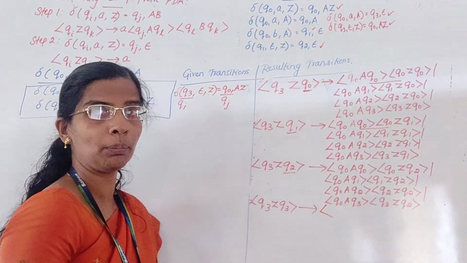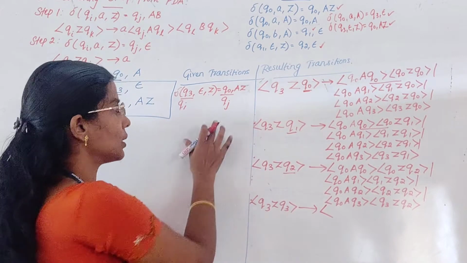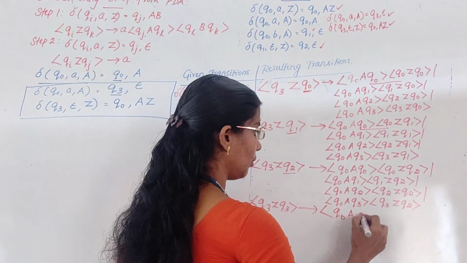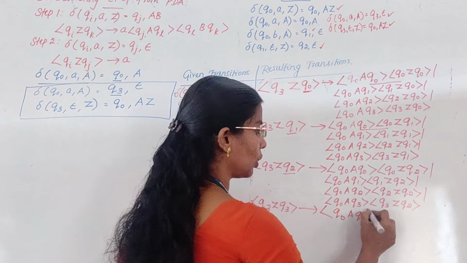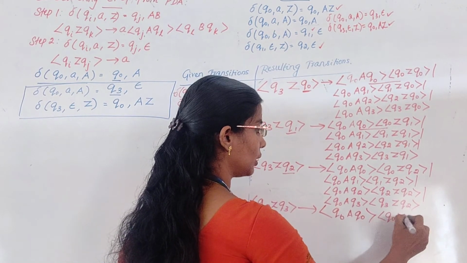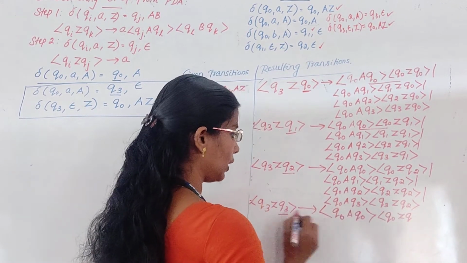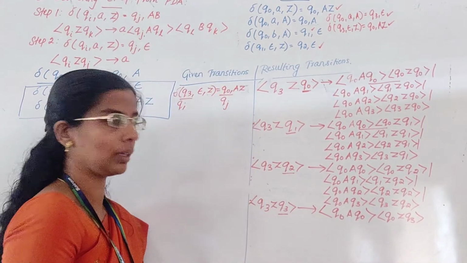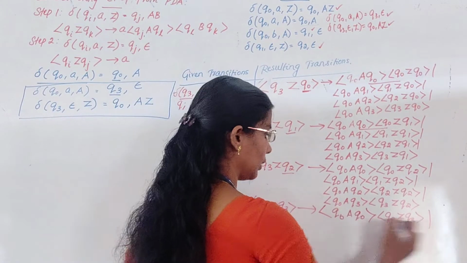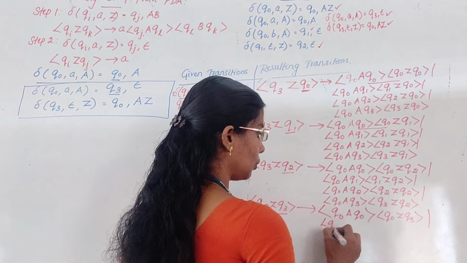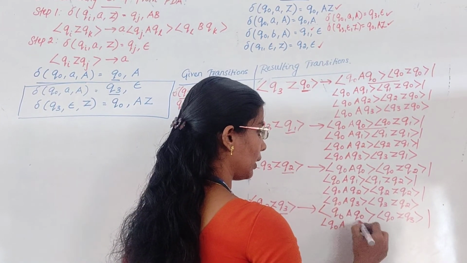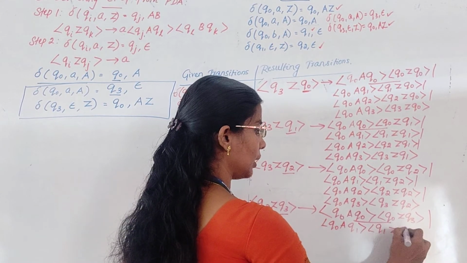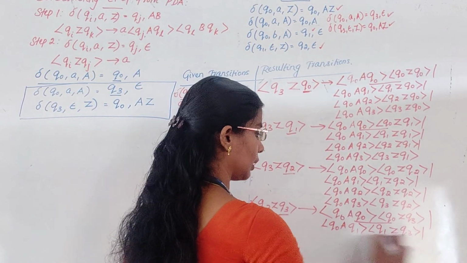Now I'll write a little up. Next, start from Qj. Qj is nothing but Q0. Q0, A. The first possible L value is Q0, so Q0 set. What is your K value? Q3. Next, Q0, A, next L value Q1 set Q3.